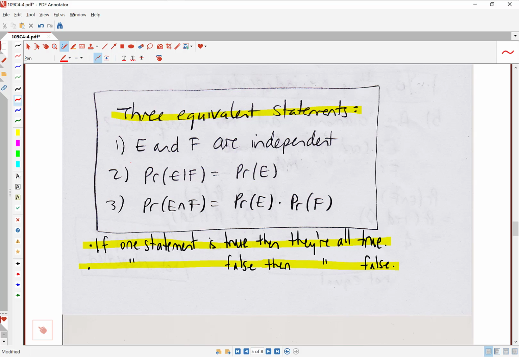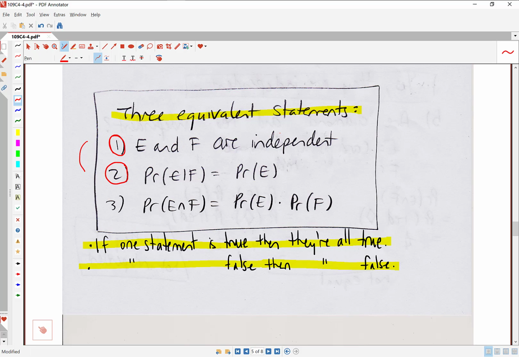Now let's look specifically at what the statements are. Statement 1 is that events E and F are independent, and that means exactly the same thing as item 2, which is that the probability of E given F is equal to the probability of E. So let's understand why these two things are really saying the same thing.